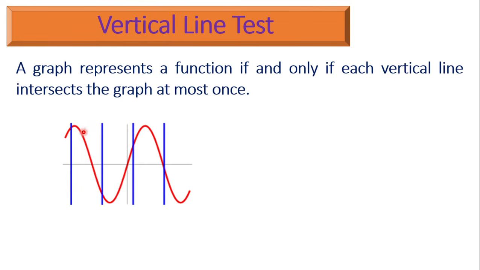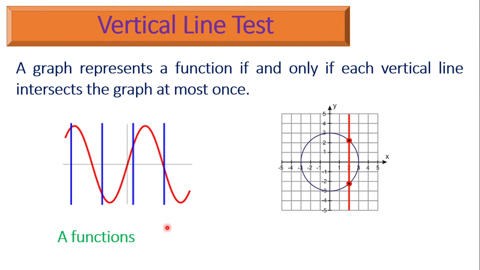So dito, pag na-check mo yan, di ba minsan lang siyang tumama sa vertical line? So ito ay function. Function yan. O, ito naman. Ayan. O, nakita mo kaagad. 2 points na tumama sa vertical. So, not a function. Diba? O, madali lang, di ba?